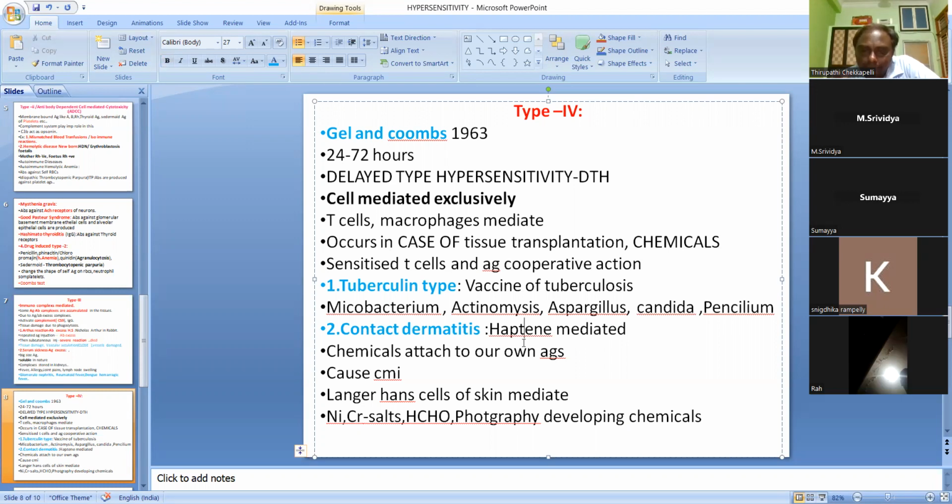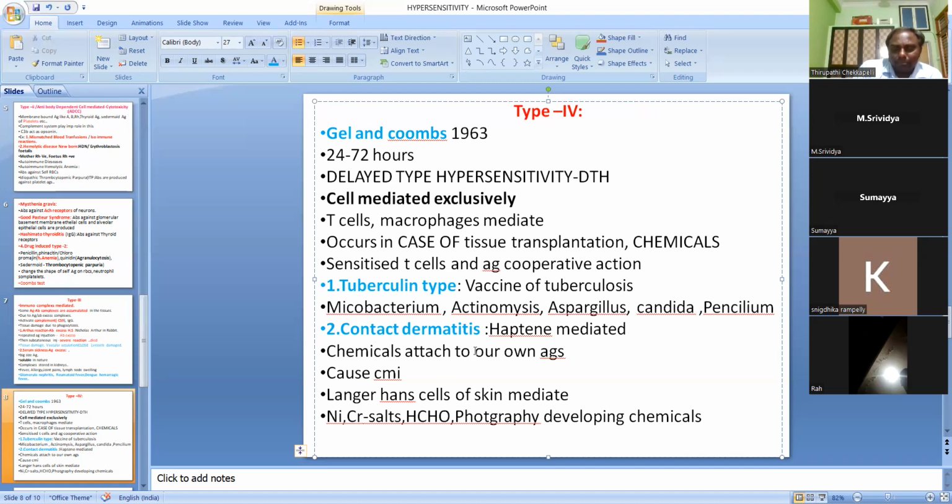It is not an immunogen. But whenever it is attached to some protein or larger molecule, it acts as an antigen. So here such chemicals are attached to our own antigens.